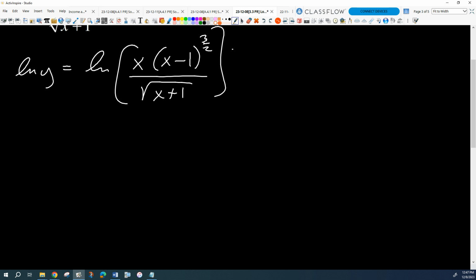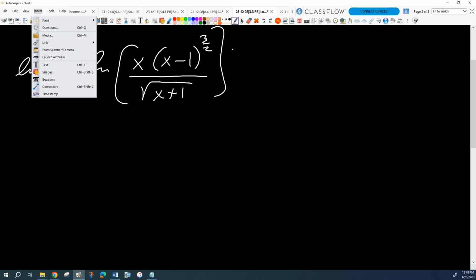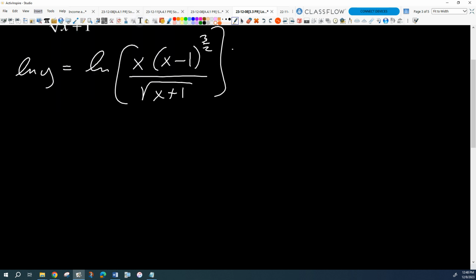Okay, so as an example, it's a good question. We wrote the properties of logs this way, right? Like I said, the log of a times b equals log a plus log b.